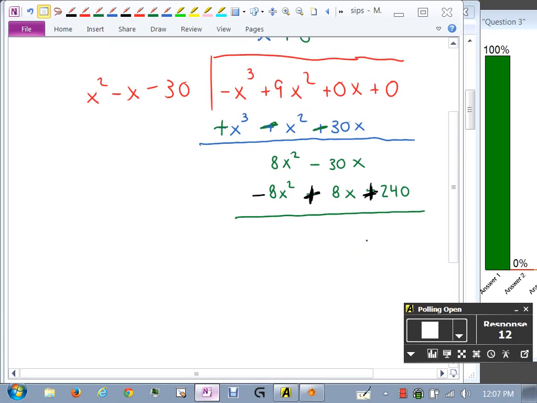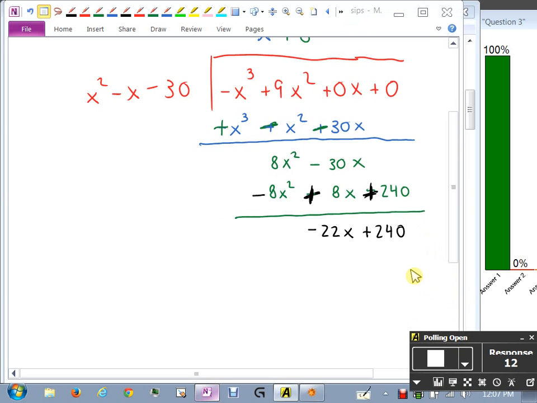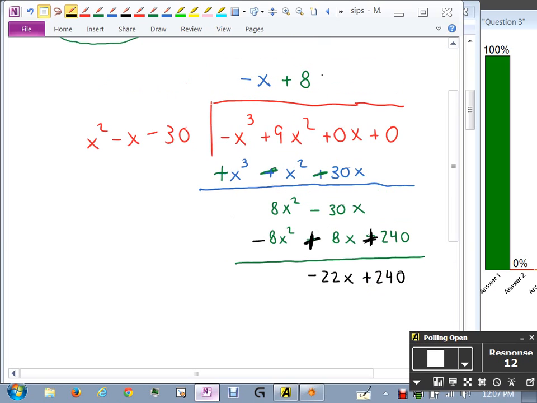We add down and get negative 22x plus 240. That's the remainder, right? We stop there. So what we would do is we would say up here, plus the remainder, negative 22x plus 240 over x squared minus x minus 30.